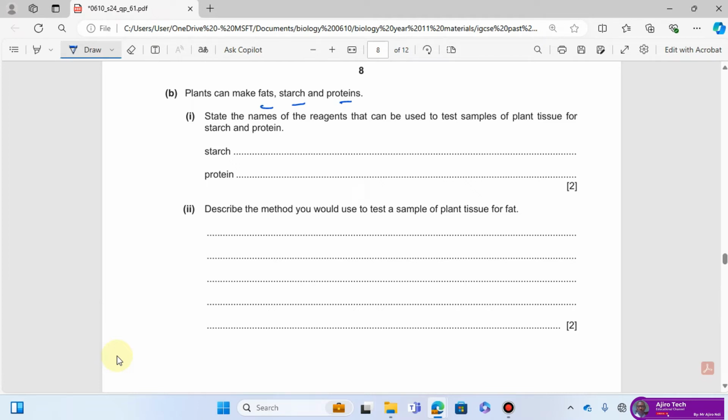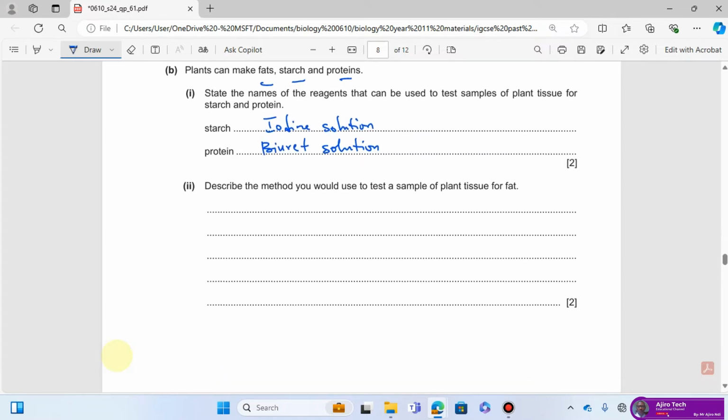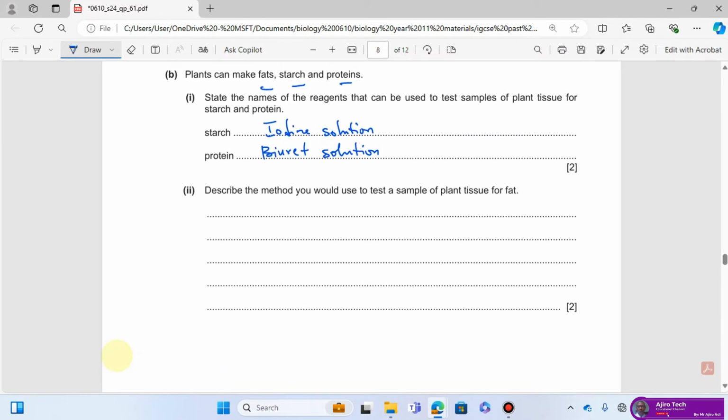Now for starch, we know we use iodine solution to test for starch. Iodine solution, original color is brown and it turns blue-black. For protein, we use biuret reagent or biuret solution, and it turns from blue to violet or purple without heating.